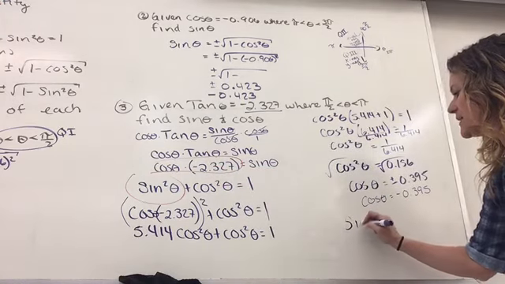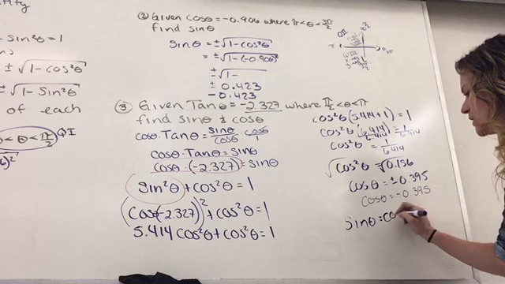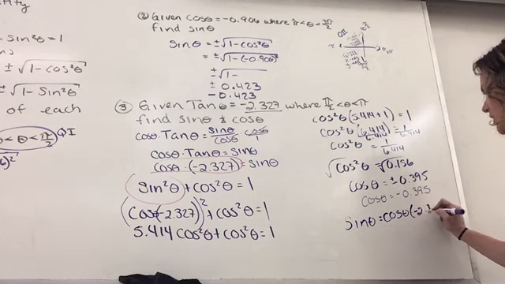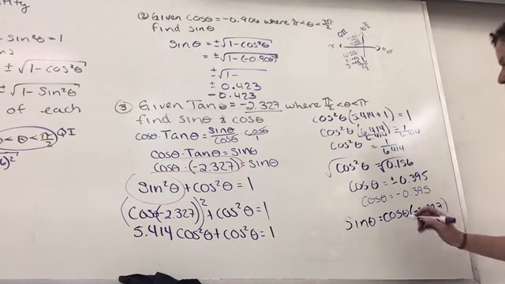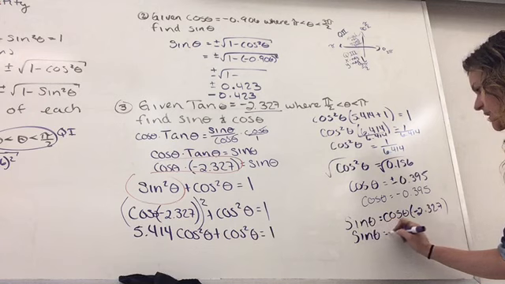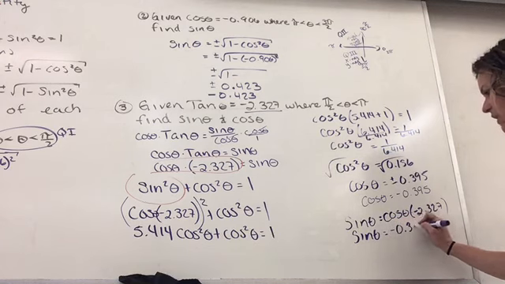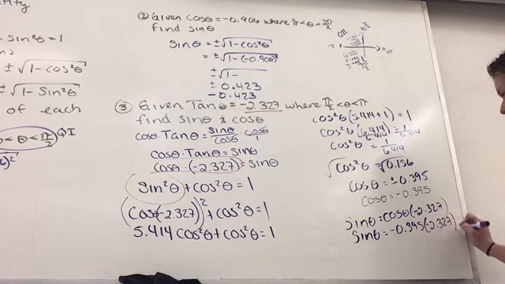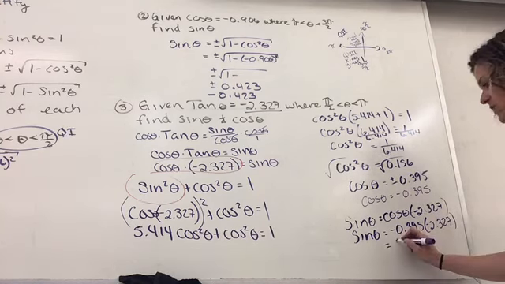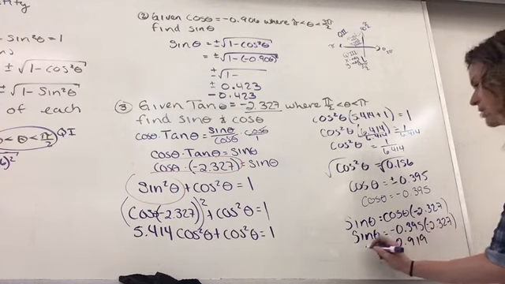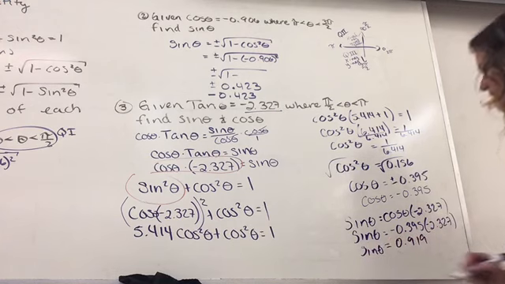So sine of theta is equal to the cosine of theta times that negative 2.327. I'm going to plug this number in for the cosine. So sine of theta is equal to negative 0.395 times negative 2.327. Negative times a negative is a positive. And my answer is 0.919 for the sine of theta.